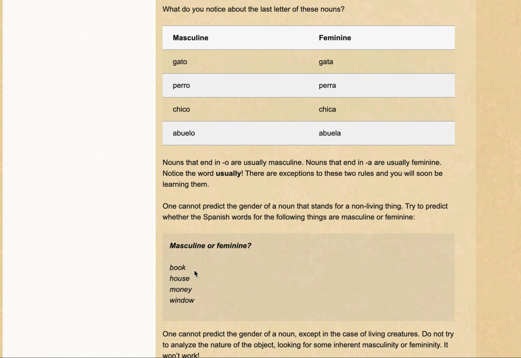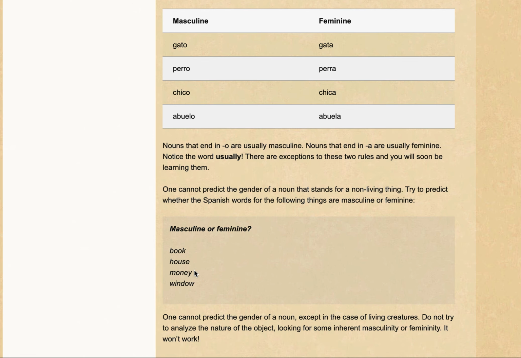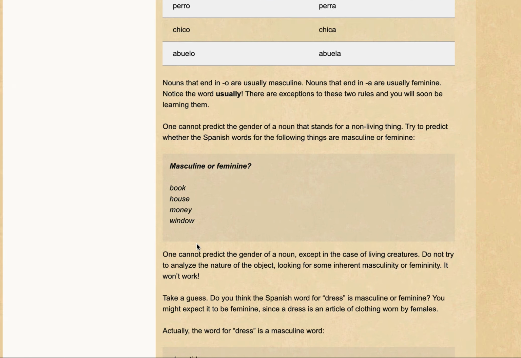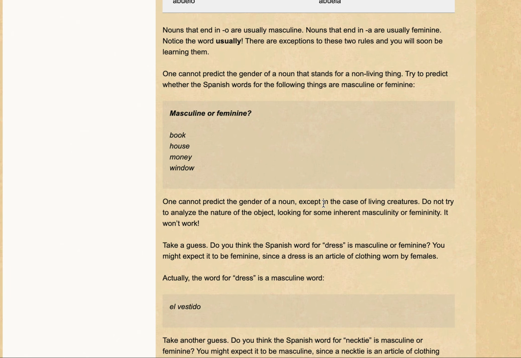So el libro, but you can't be too sure, right? And money is dinero, el dinero.